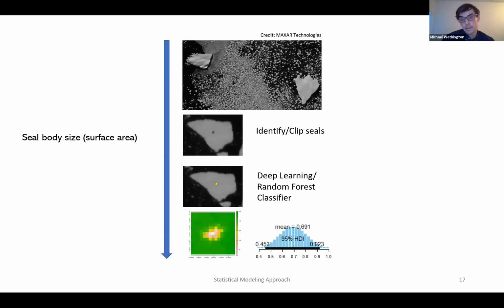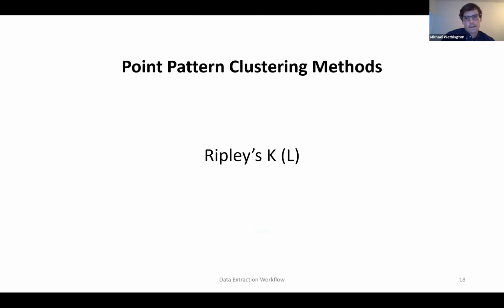By getting those pixels, we have a rough estimate of body size or surface area for any given seal, so we can append that back into the data set. So for every seal, we know its location, we know where it's located in relation to its neighbors, and we have this estimate of size.